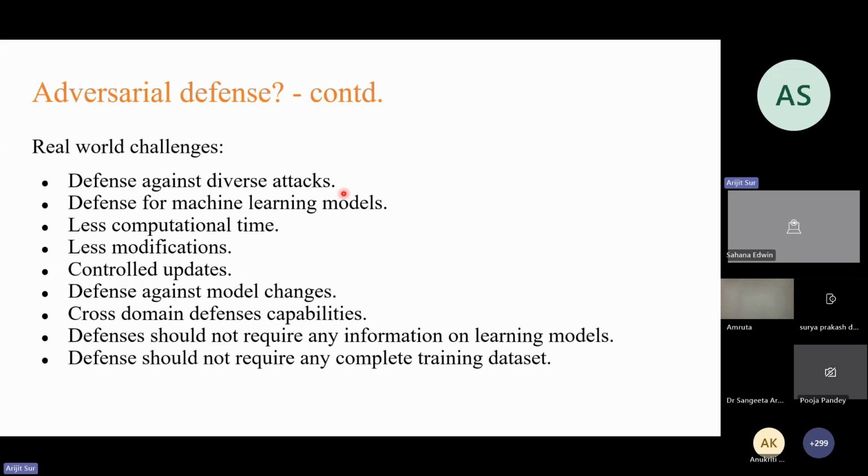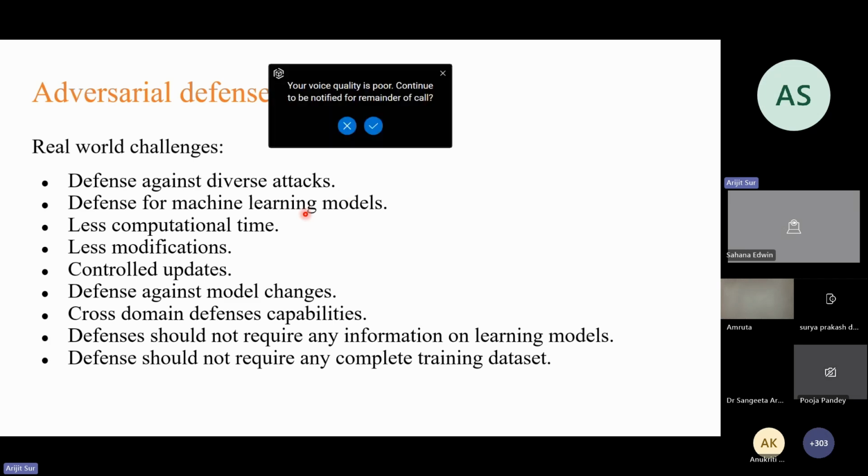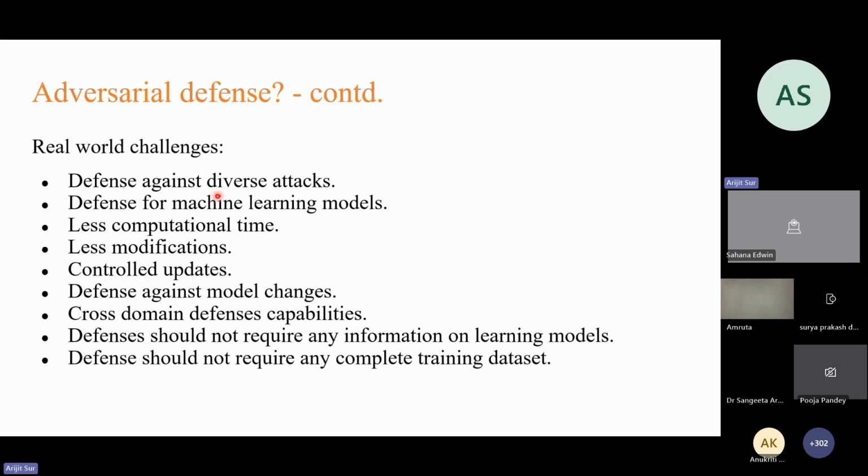There are a lot of different attack types, and we have to defend against these diverse attacks. Now the models also are different. So there are different kinds of models, and we have to find out defenses that depend on these kinds of models.